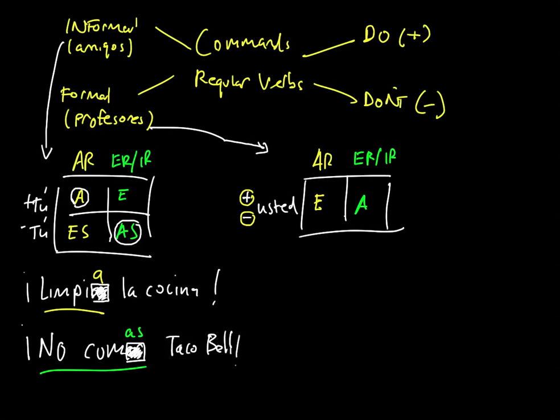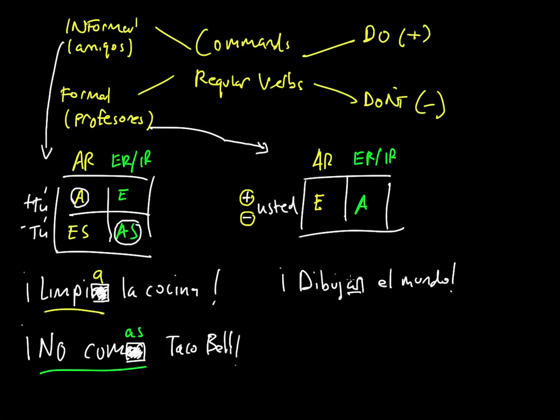Okay, so for example, maybe you want me to draw something. So maybe you're going to give me a positive usted command, and you are going to say, draw, what do you want me to draw? Maybe you want me to draw the world. So, dibujar el mundo. Okay, so if we look at our infinitive, it ends in AR.